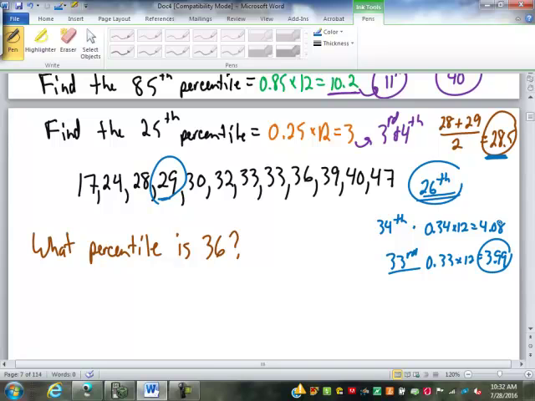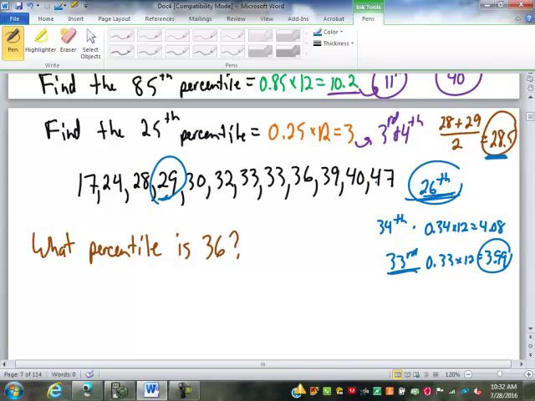Does that make any sense? If you had to find the 26th percentile, you're going to get 29. If you had to find the 33rd percentile, you're going to get 29. That's because there's only 12 numbers in this list. So each number in the list covers a 7 or 8 percentile range, because you take 100% divided by 12, that's 8.33.